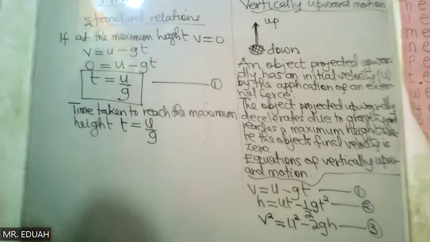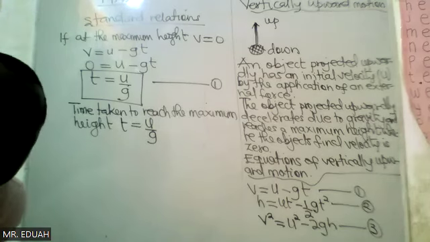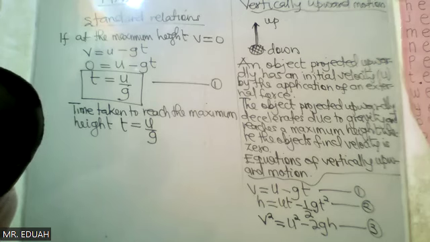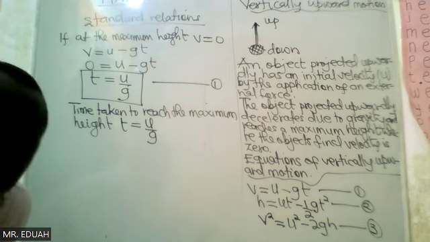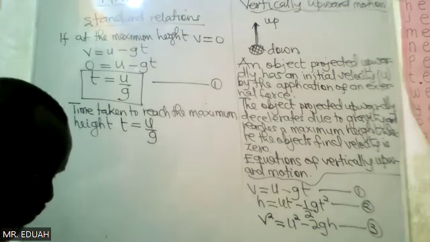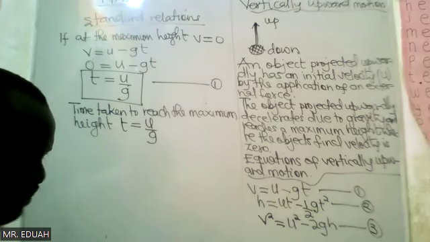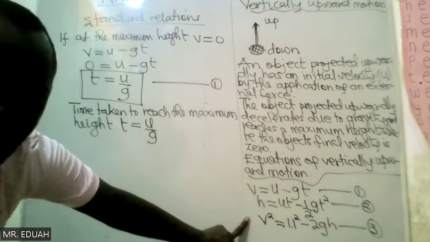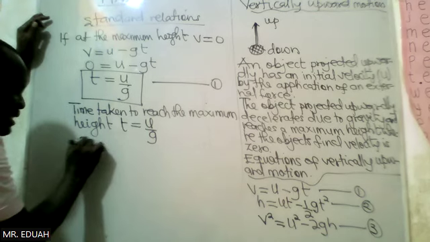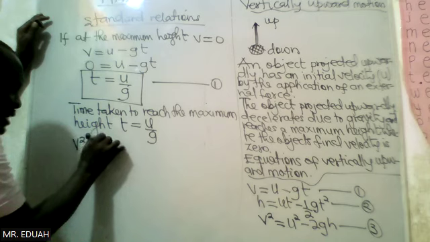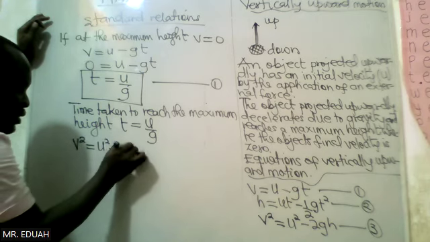Then I want a standard formula for the maximum height. When the body gets to the maximum height, its final velocity must be 0. So using equation 3, v squared is equal to u squared minus 2gh.